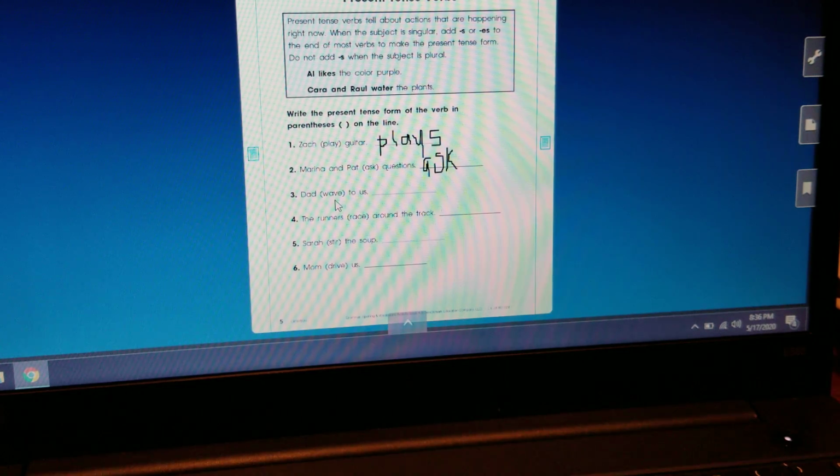Dad, we need an S on waves. Runners, that's more than one, so no S on race. Sarah stirs. Sarah's just one person, so we need an S on stirs. And then mom, just one mom, drives us.